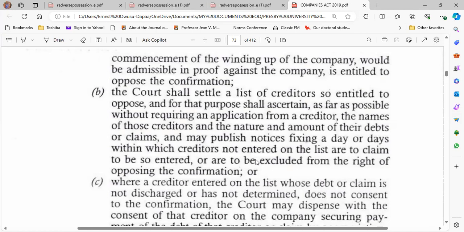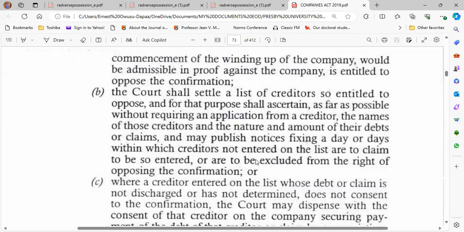So know that the resolution which has been passed here is usually a major resolution. Major in the sense that what it seeks to achieve in the company has very far-ranging repercussions, and it may affect the interests of some other shareholders.